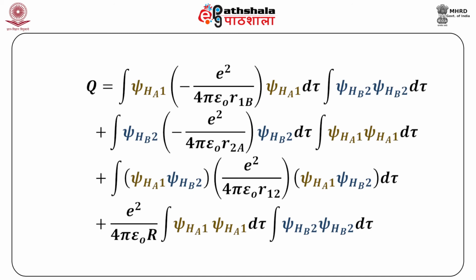If we simplify, and we know that psi HA and psi HB are normalized, Q becomes this: Q is minus integral psi HA1 e square upon 4 pi epsilon 0 R1b psi HA1 d tau, minus integral psi HB2 e square upon 4 pi epsilon 0 R2a psi HB2 d tau, plus integral psi HA1 psi HB2 e square upon 4 pi epsilon 0 R12 psi HA1 psi HB2 d tau, plus e square upon 4 pi epsilon 0 R. So these are the four terms which we are getting.